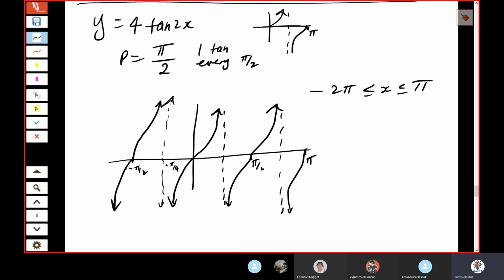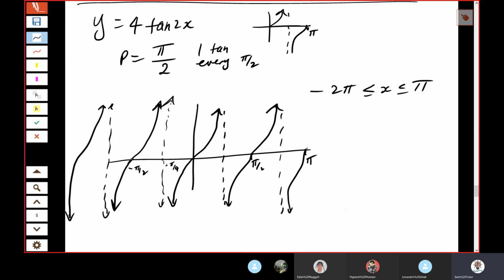That's a really bad graph. That's better. Negative pi over 2 and then asymptote, and then again. Yeah, I ran out of room. I was worried about that. That's okay.